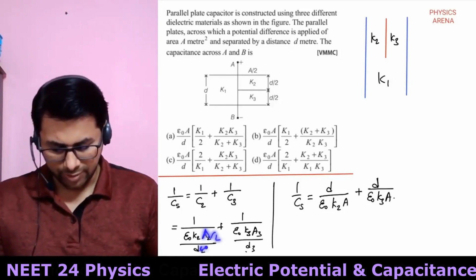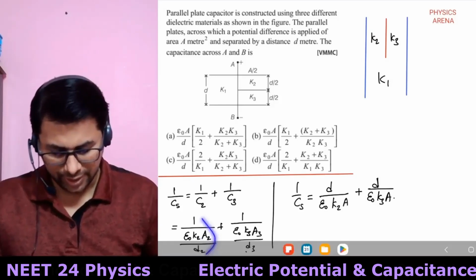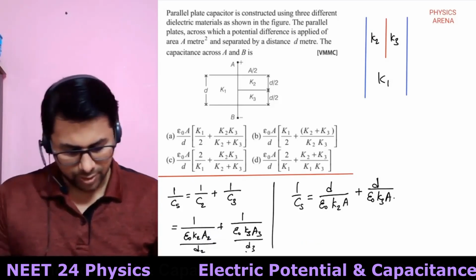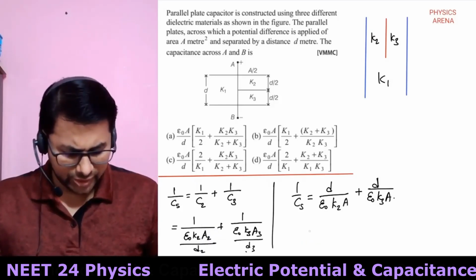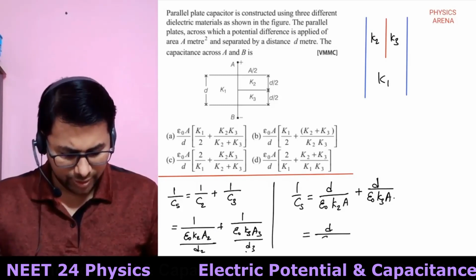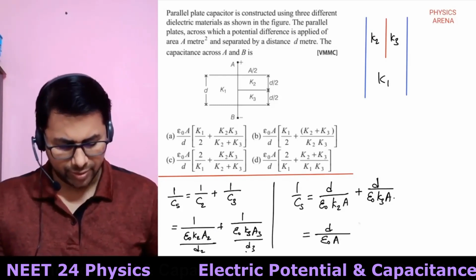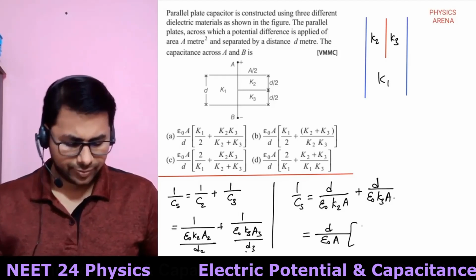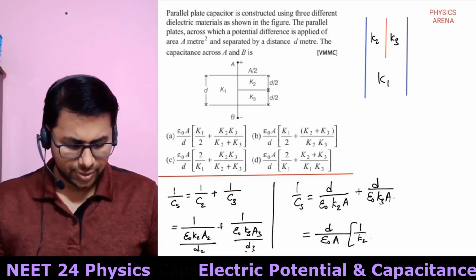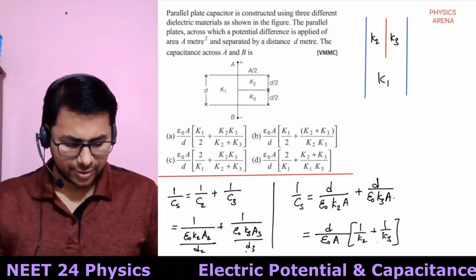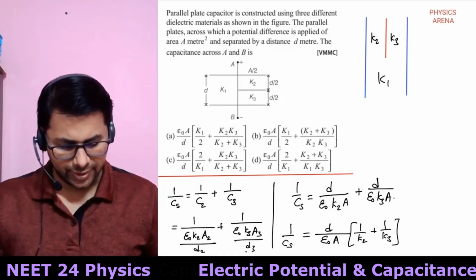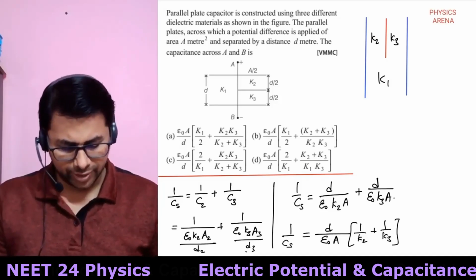That was A by 2, D by 2. So 2 got cancelled, and D I am taking in the numerator. So you can take something common, D upon epsilon naught A. This is 1 upon K2 plus 1 upon K3. This is 1 by CS, and then you can write down what CS is.